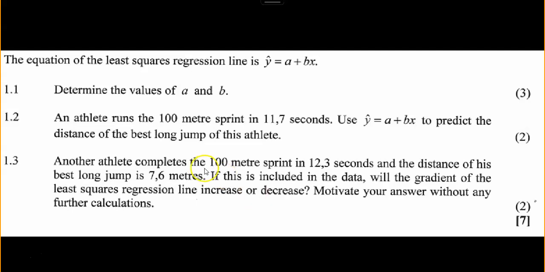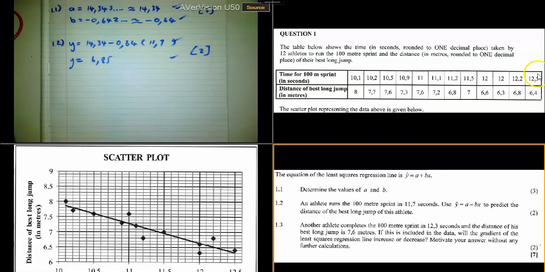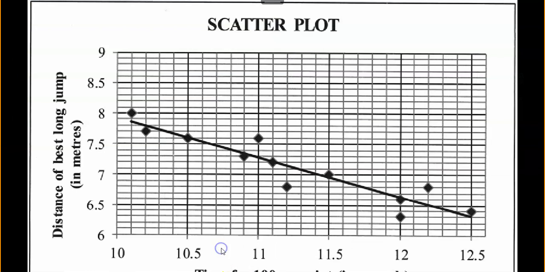If you look at the data given, our highest is 12.5 at 6.4. Now, remember that an x and a y value together become a point on your scatter plot. So if you take this as a point, 12.3 and 7.6, and plot this on your graph, you will notice that it will be slightly above the line, more or less here.